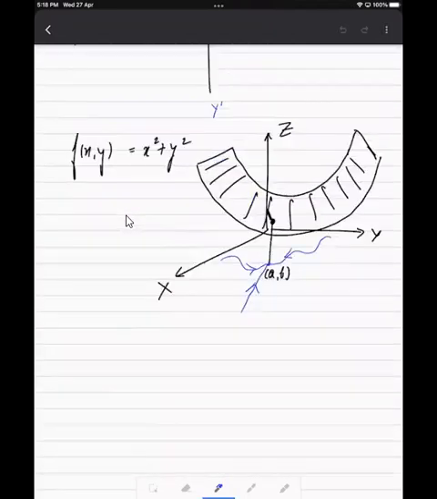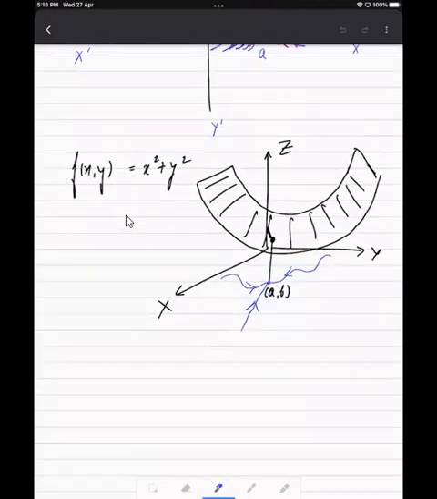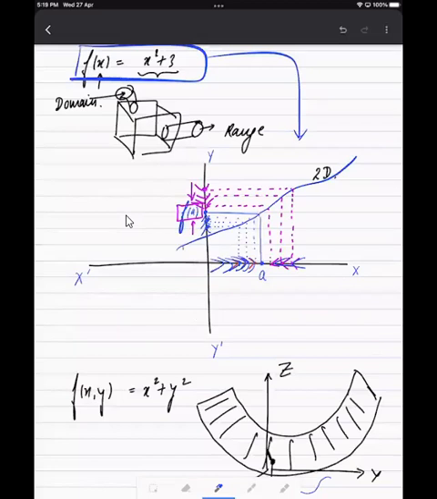So now I need to define a neighborhood that can be extended to the higher dimensions. So I need the definition of a neighborhood.